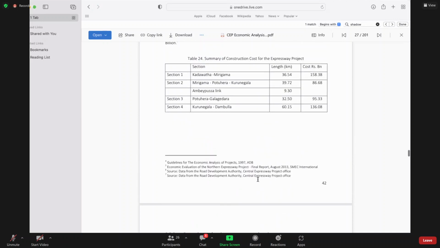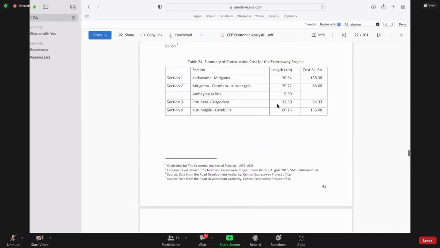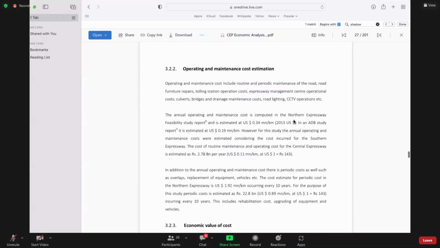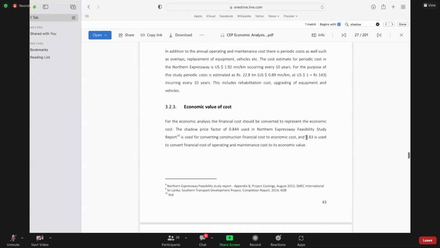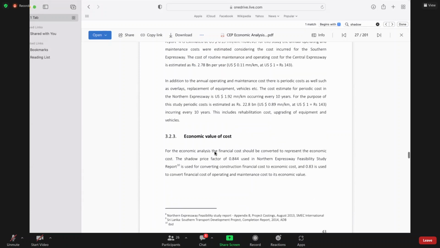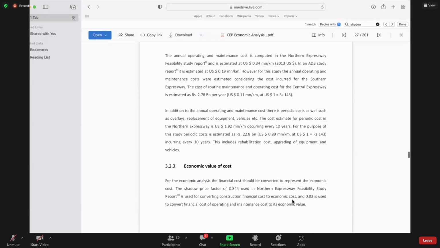So you can use that to convert the construction cost to its economic cost, and also a conversion factor of 0.83 to convert the financial cost of operation and maintenance to its economic value.